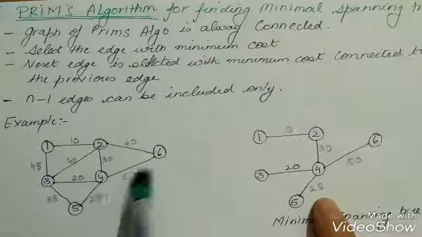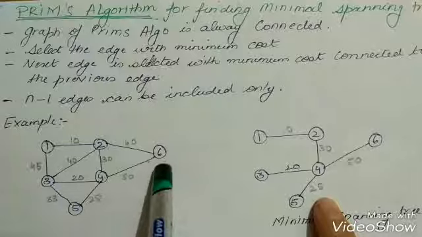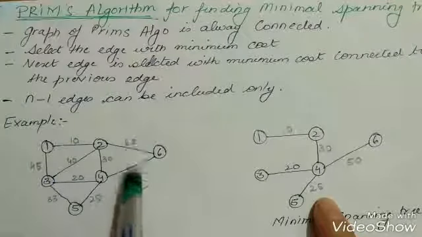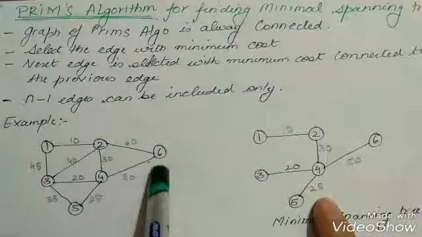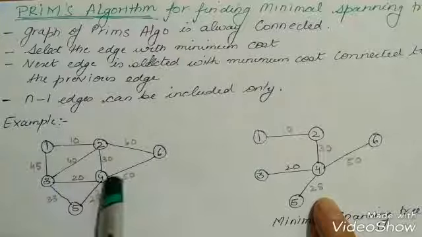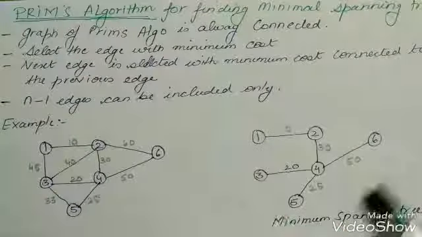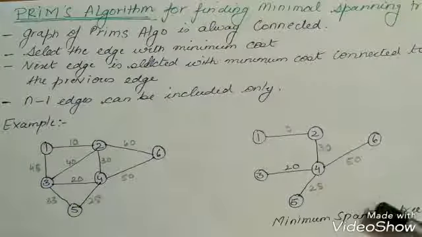In a similar way, we are left with node 6, which is connected to 4 and 2. We choose the minimum connecting edge. 4 is connected to 6 with the weight 50, therefore we choose this edge only. So we end up with this as the minimum spanning tree by Prim's algorithm.